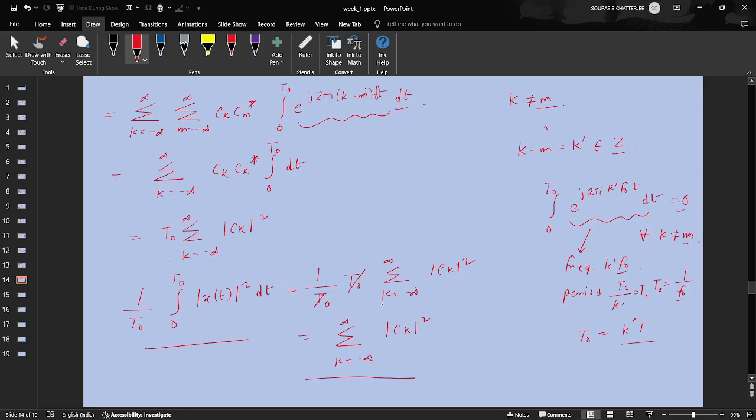But the intuition behind it is even more crucial. It says that the power of a periodic signal can actually be written in terms of its spectral coefficients, and its value is actually immense. So you can see, first of all, the Fourier transform allows you to write the signal in terms of its different spectral components.